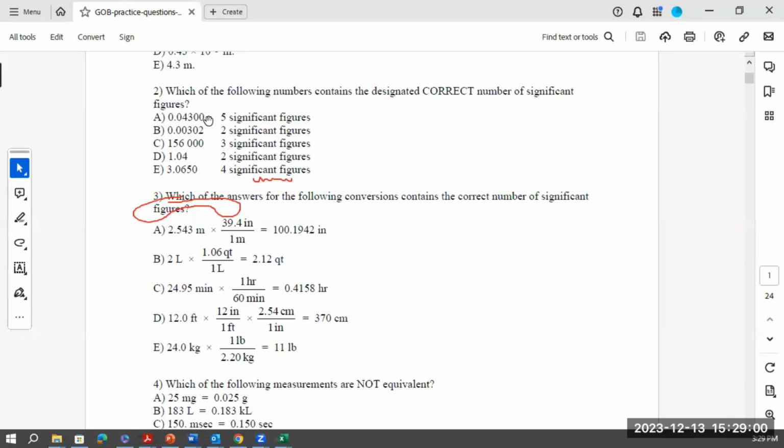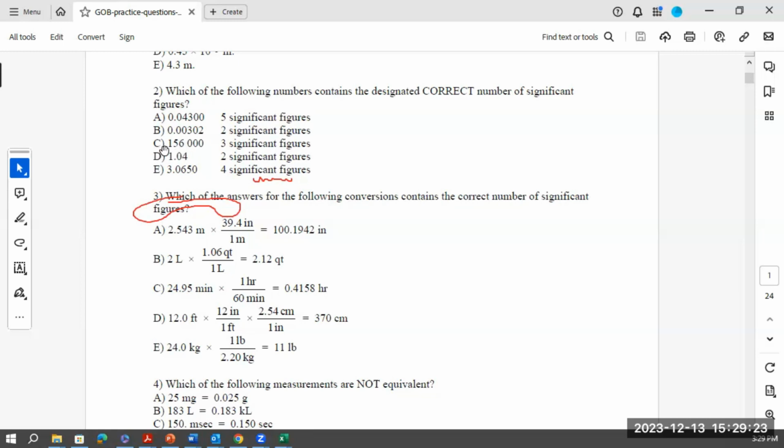Okay, what about the next one, B? We know that first one had 4 sig figs. What about this one? How many would that be? That would be 3 sig figs, right? Because we know the zero in the middle counts.